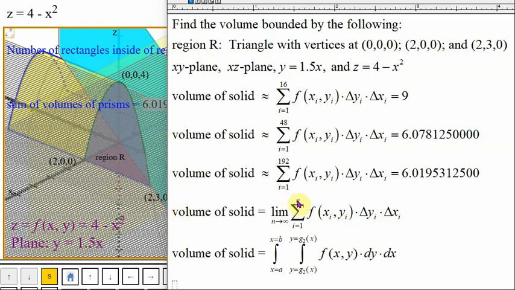And here we have an infinite number of rectangular prisms. And if this limit here exists, then we define it as the double integral that looks like this. And now let's find the exact volume of this solid right here using the double integral method.